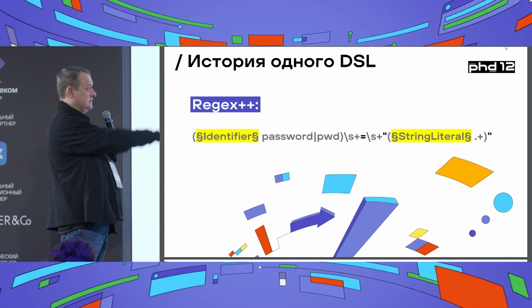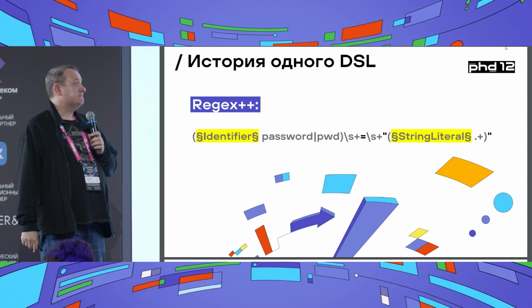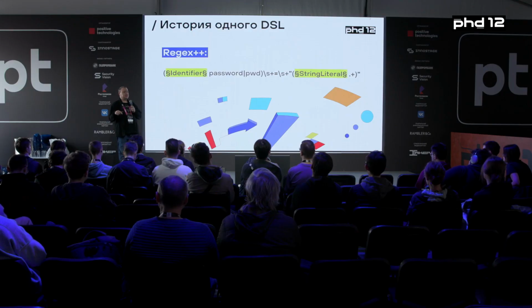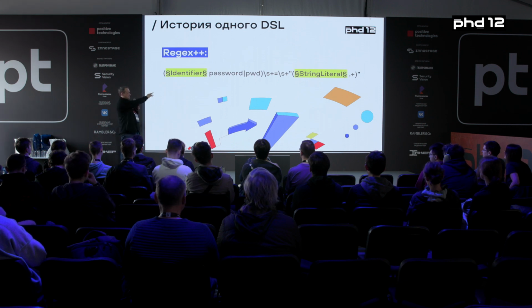It's a little bit improved regular expression. You can see the yellow strings. You can identify what kind of IST type we're talking about. And this template matches all kind of variables.